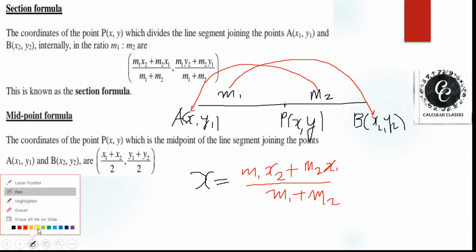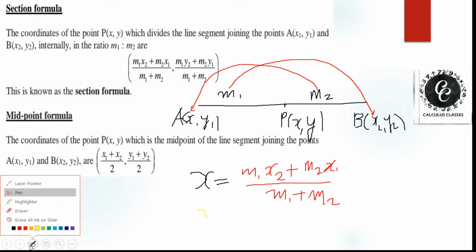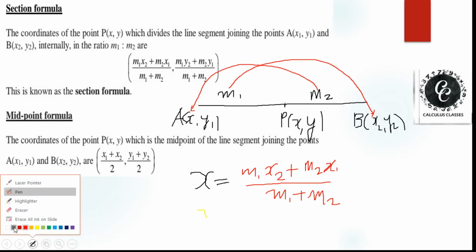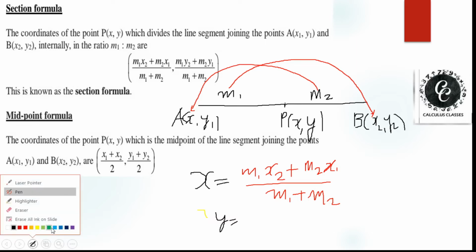Y coordinate will be in the same form. The formula will be applicable: y equals to... similarly, see how it will come, in the same manner as we found before.